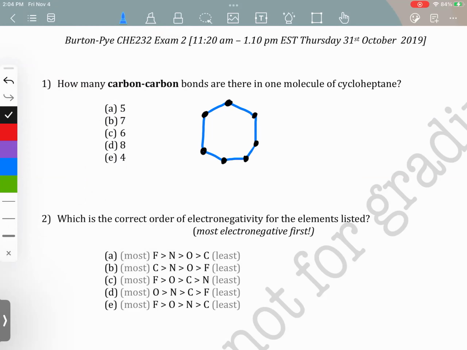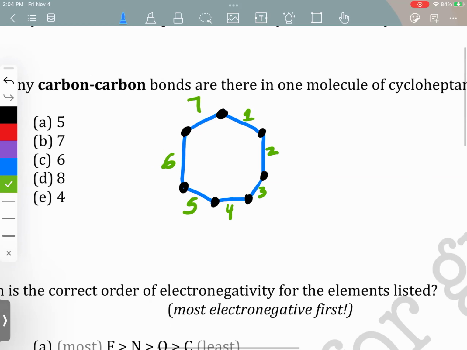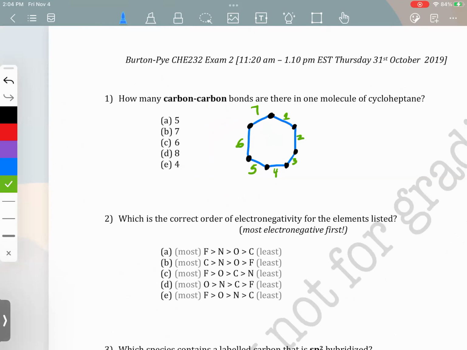All right, 7 carbons there. Now, how many carbon-carbon bonds are there in between? So there's 1, 2, 3, 4, 5, 6, 7. 7 carbon-carbon bonds, so the answer is B.